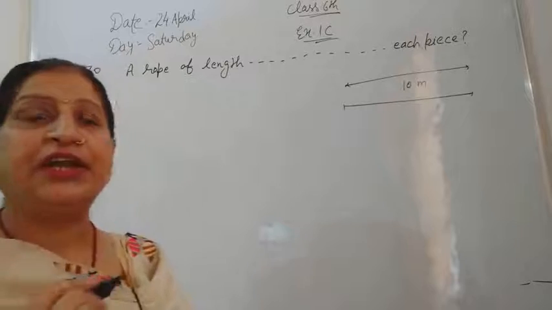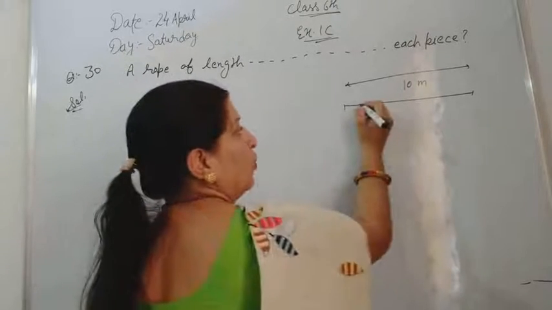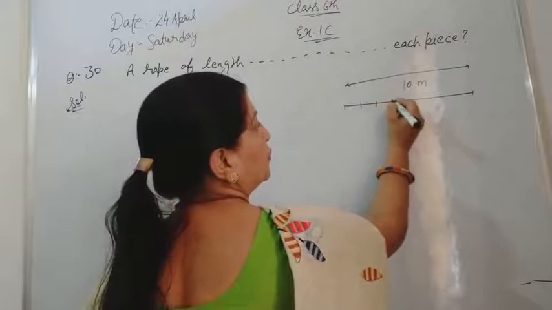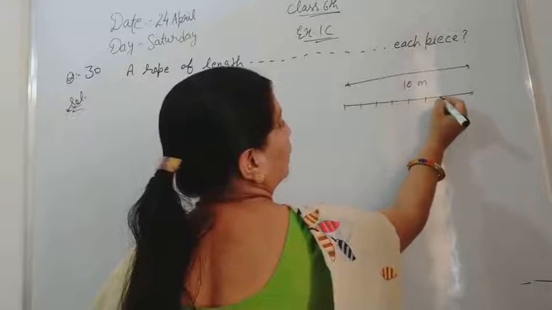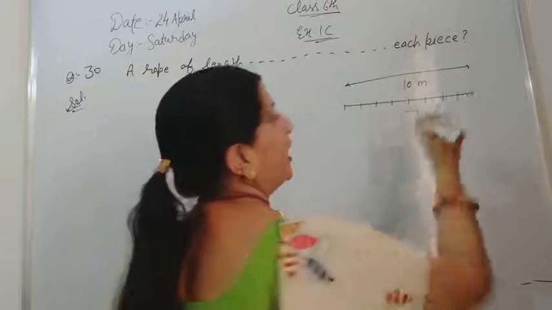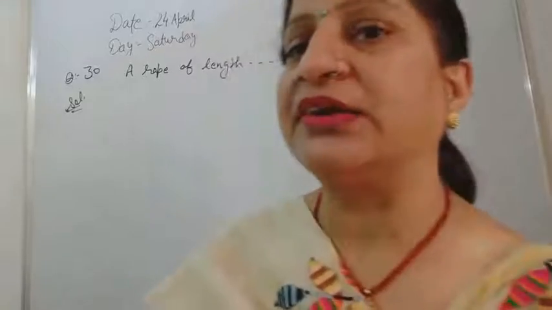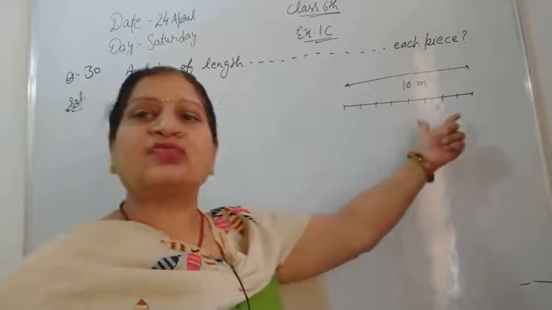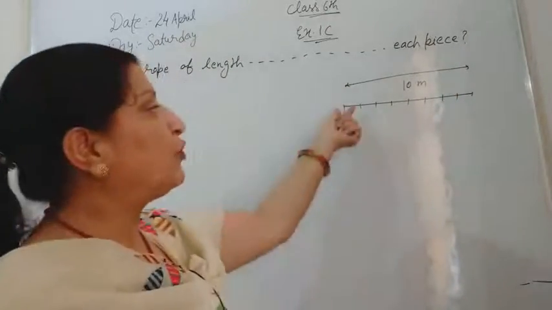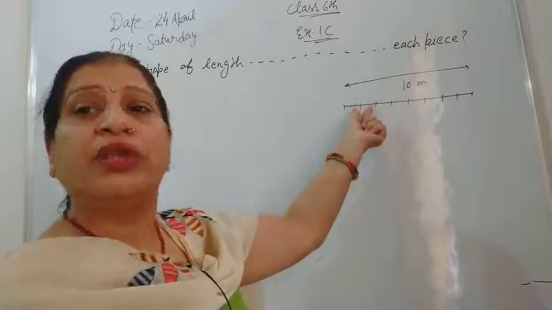It is divided into 8 parts. 1, 2, 3, 4, 5, 6, 7 and 8. These 8 equal parts में इसको divide कर दिया है. You have to find the length of each part.